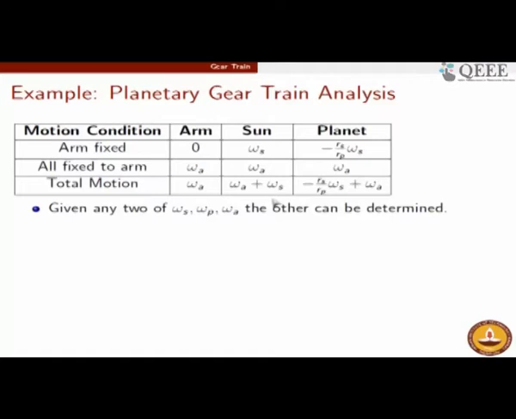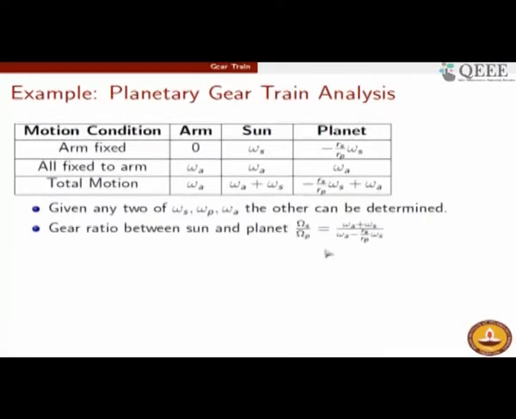The motion of the sun as observed from the inertial frame is going to be omega s plus omega a, right? Similarly, planet motion is going to be this formula after you determine what is this variable omega a and omega s. So the point therefore is, given any two of these variables, omega s, omega a or omega p, omega p is this quantity, omega a minus rs by rp into omega s is this quantity. So any of these quantities, if it is given, you will be able to determine the other quantity.